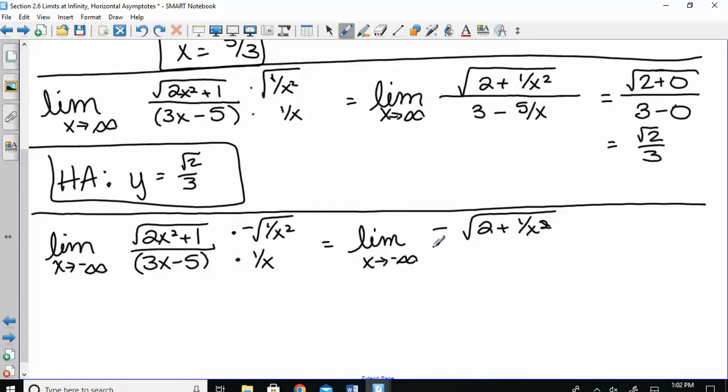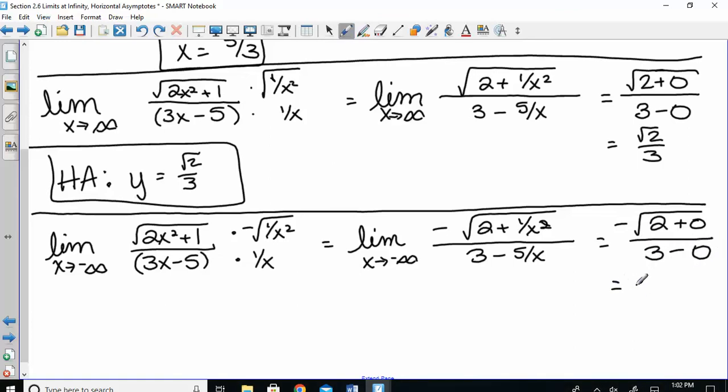2x squared over x squared is 2, plus 1 over x squared. On the bottom, we get 3 minus 5 over x. So now, if I plug in my infinities, we have a 2, and 1 over negative infinity squared. Anytime you have a number over infinity, it turns into a 0.